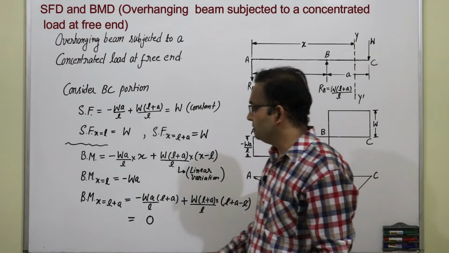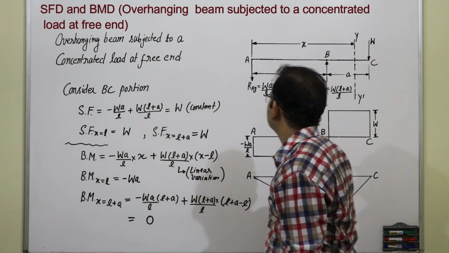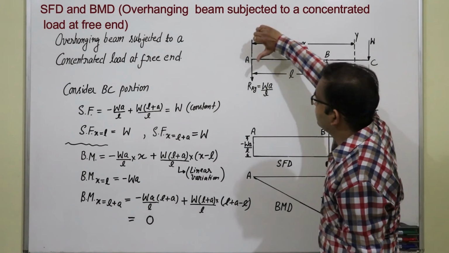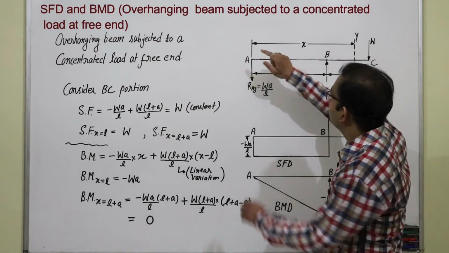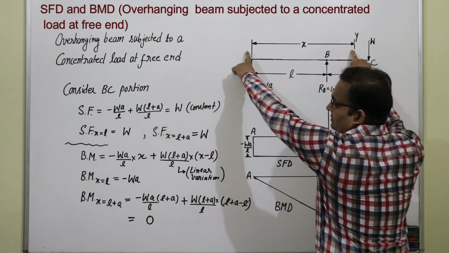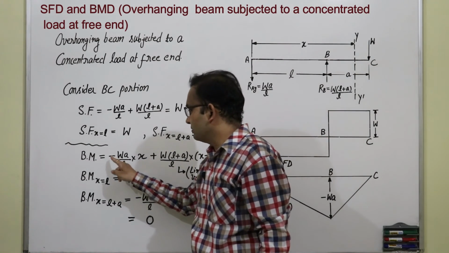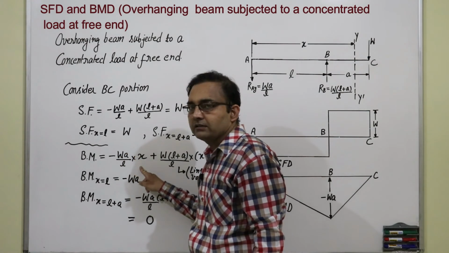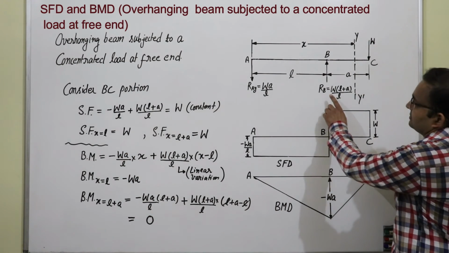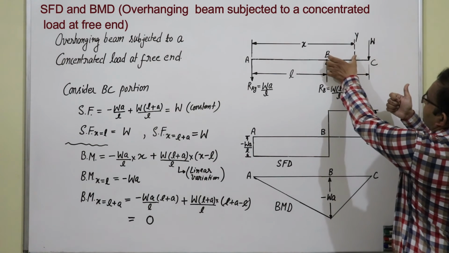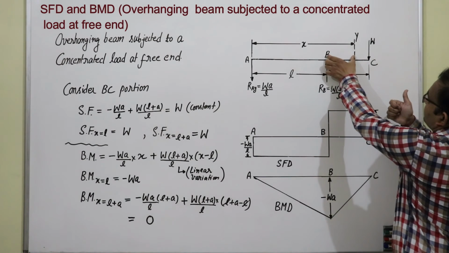After that, we will write bending moment equation. Bending moment is force into perpendicular distance. This is force downward and x is the distance from the section. So, minus WA by L, because it is downward, into x, plus this is force upward, force into perpendicular distance from the section.